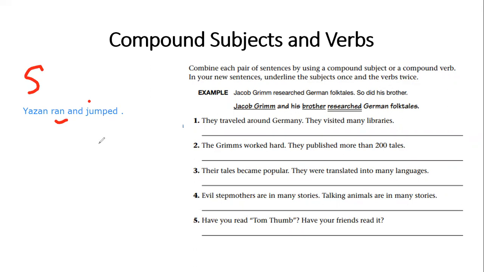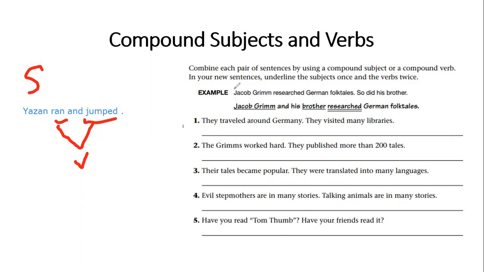Both of them, they are compound what? Verbs. Yes, there are two verbs. So these ones are compound verbs. Wonderful. Now we know what is a compound subject: two or more subjects in a sentence. Compound verb: two or more verbs in a sentence.